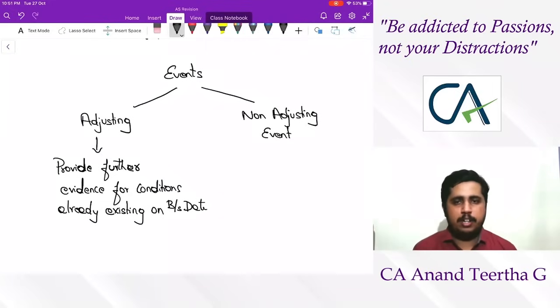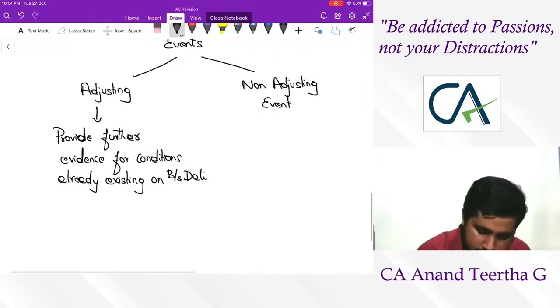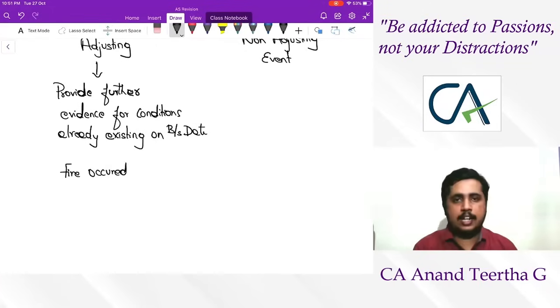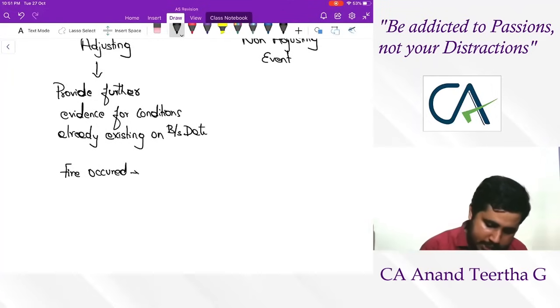For example, say a fire has occurred in the debtor's premises, and this happened on say 25th of March 2019.